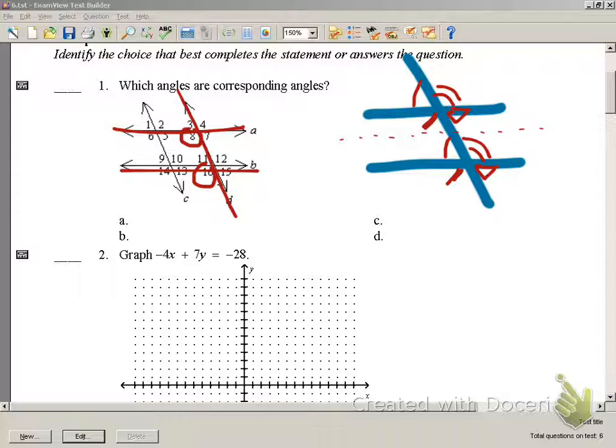However, what if we looked at A being the transversal and C and D being the parallel lines, then 6 is corresponding to 8. Notice that you have to have one line touching both angles, and that is the reason why angles such as 8 and 14 are not corresponding, because they do not share a common line.